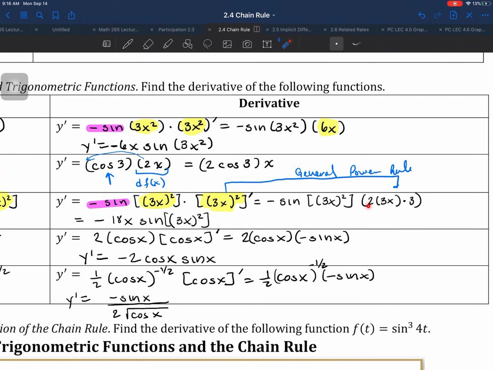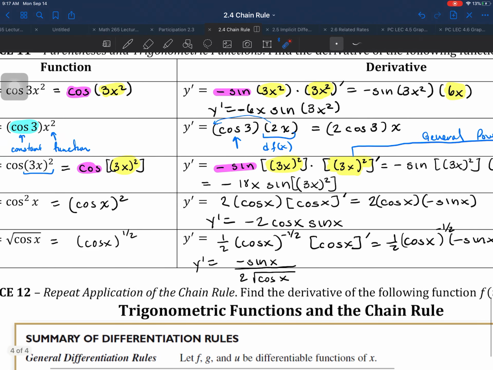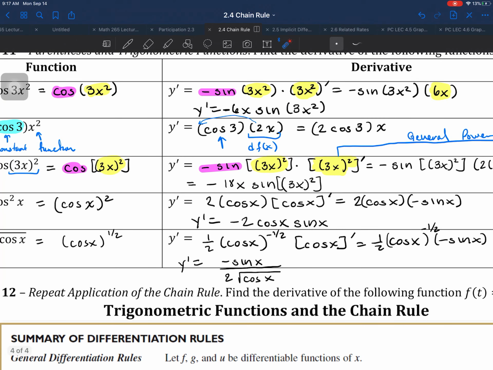Multiply these together. That gives you 2 times 3 times 3 gives you 18. Move that to the front, and that gives you negative 18x sine of the quantity 3x squared. All right, so it is common sometimes to do the chain rule within the chain rule.